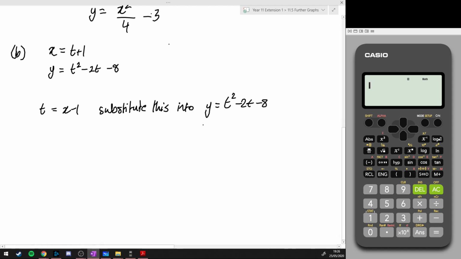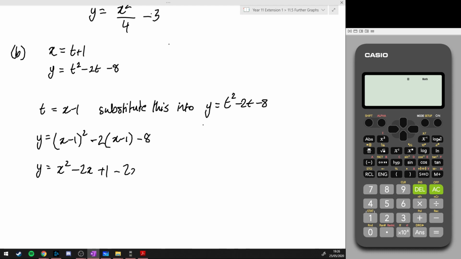So substituting that in, we get y is equal to x minus 1 all squared minus 2 lots of x minus 1 minus 8. Now we're going to expand, so x minus 1 all squared becomes x squared minus 2x plus 1, minus 2x plus 2, minus 8.